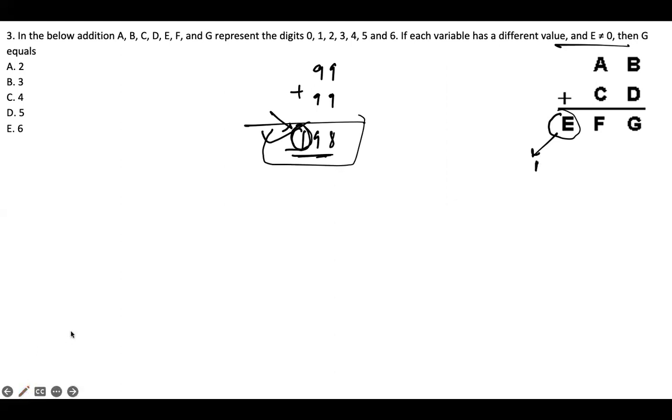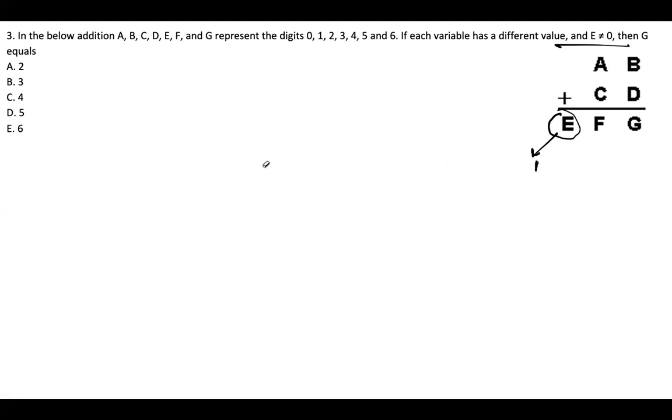That's 1 point. And the question is asking the value of G. Okay, so if you are adding two numbers, so the result should be, let's say 120, 130. So let's say if I'm adding, for example, 4 into something and 5 into something, can I get 1 something something?